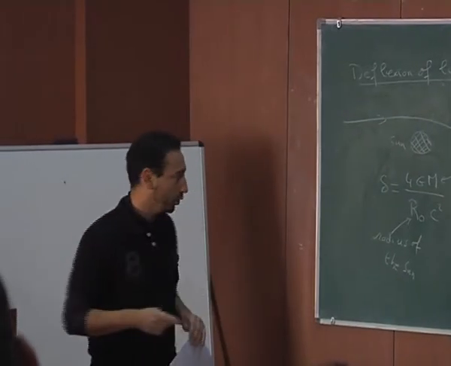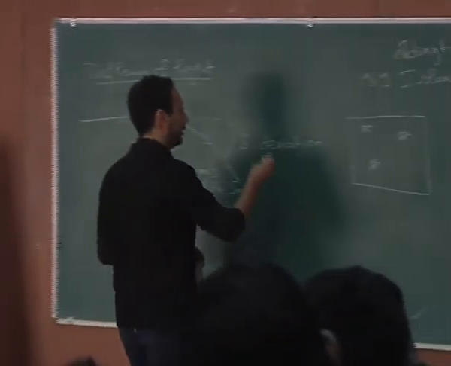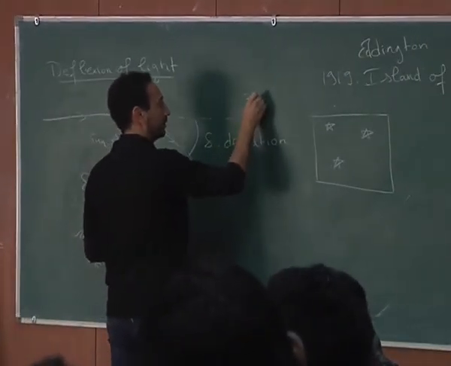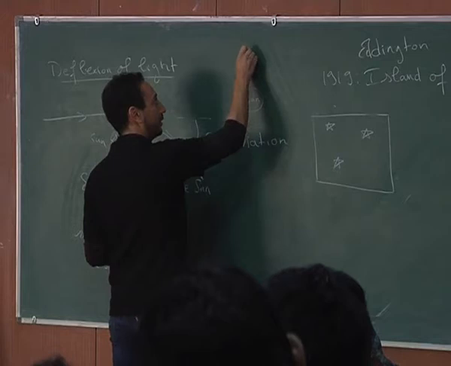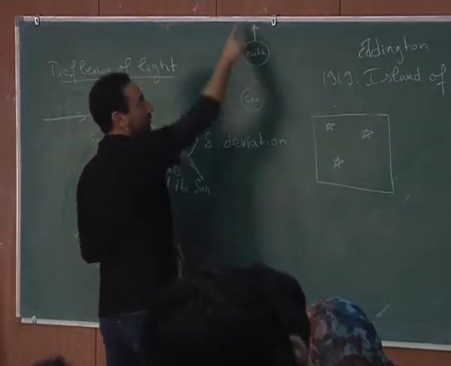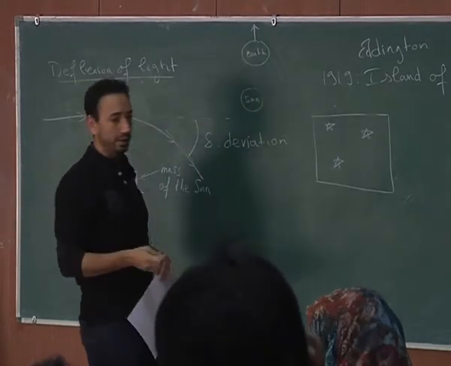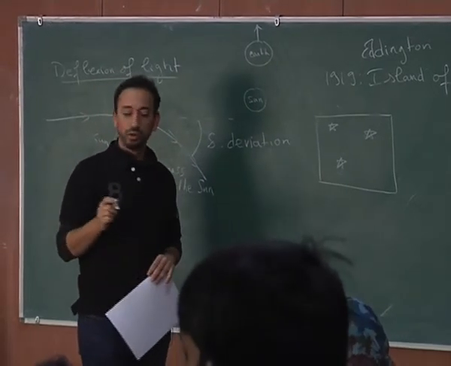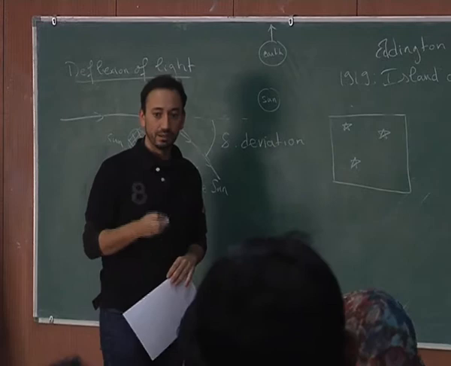Now the point is the following: you are here, this is the sun, and this is the earth. And he was looking in that direction, and he could see the stars, which are here. Now the point was, let's wait 6 months.